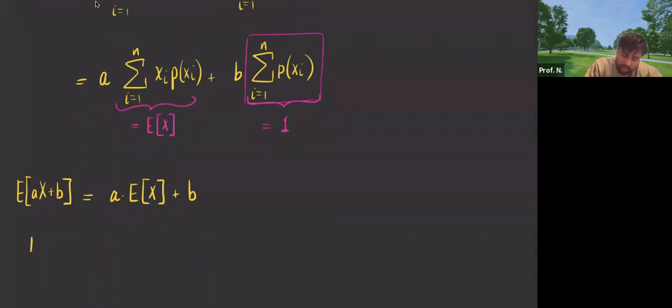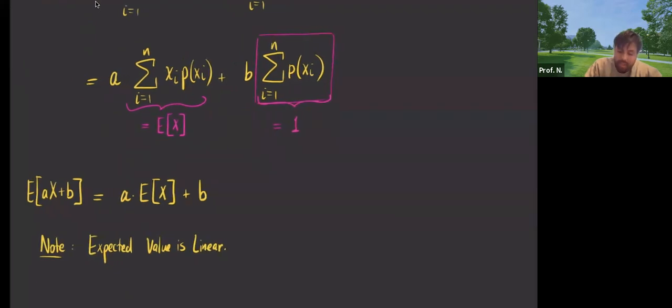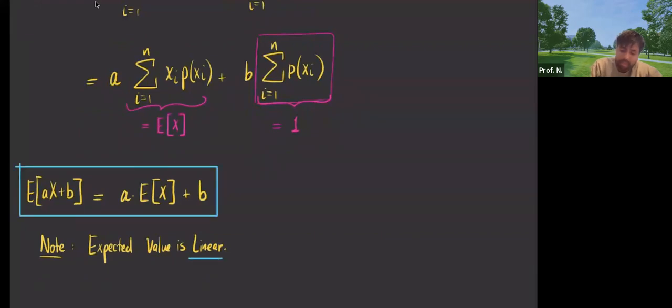So note, expected value is linear. What does linear mean? It means this. That's what linear means.